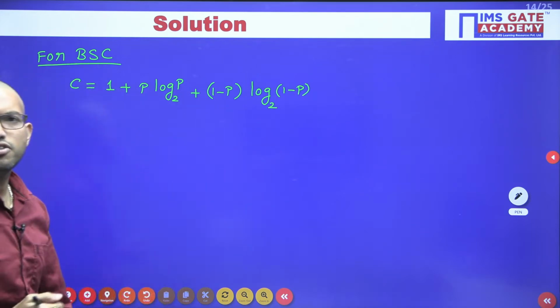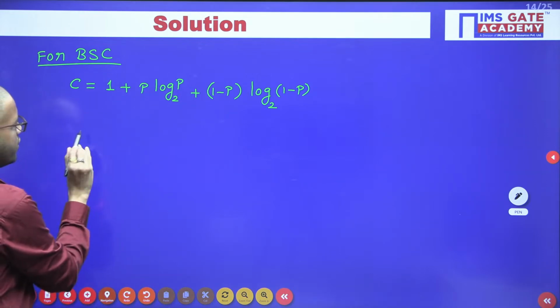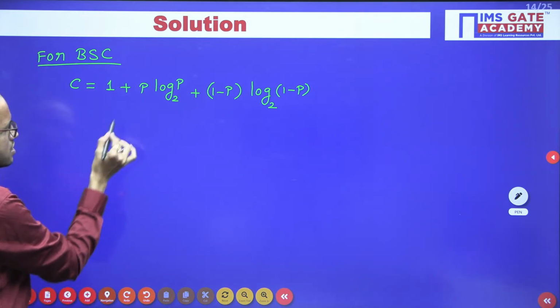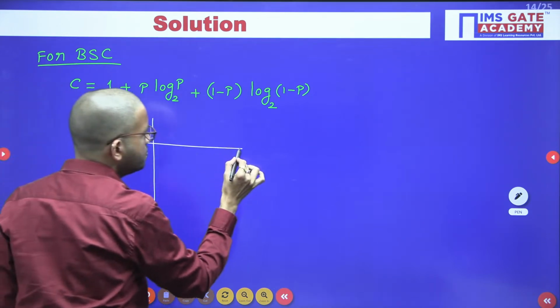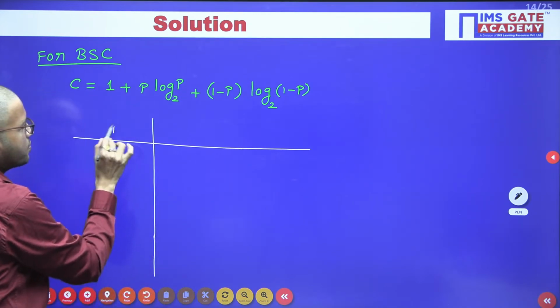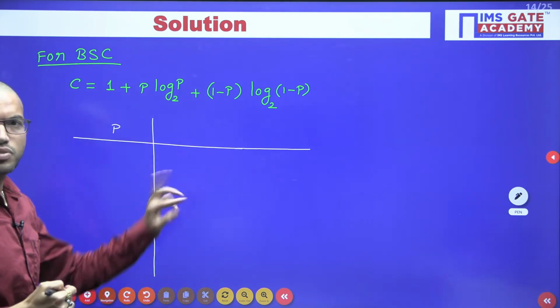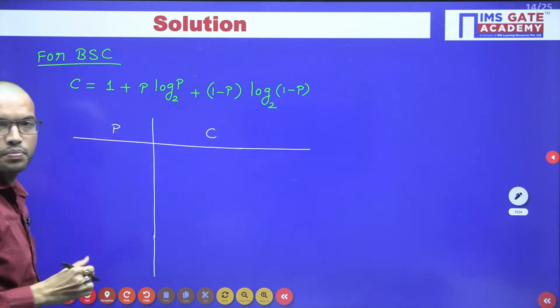This is the formula for channel capacity for the binary symmetric channel. Say for example, here I am making a tabular form, considering the crossover probability P, and calculating the resultant channel capacity.